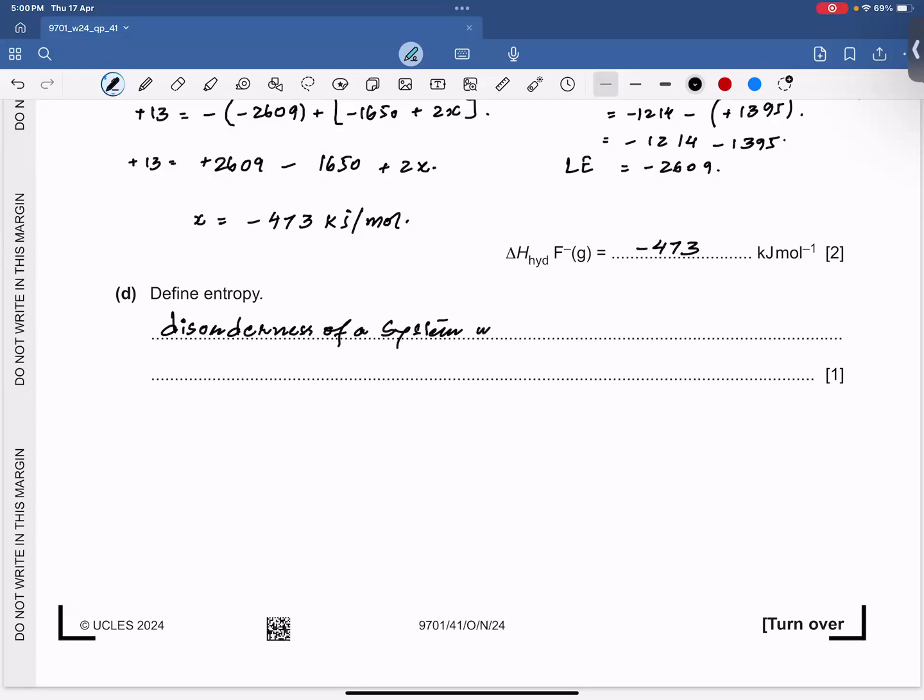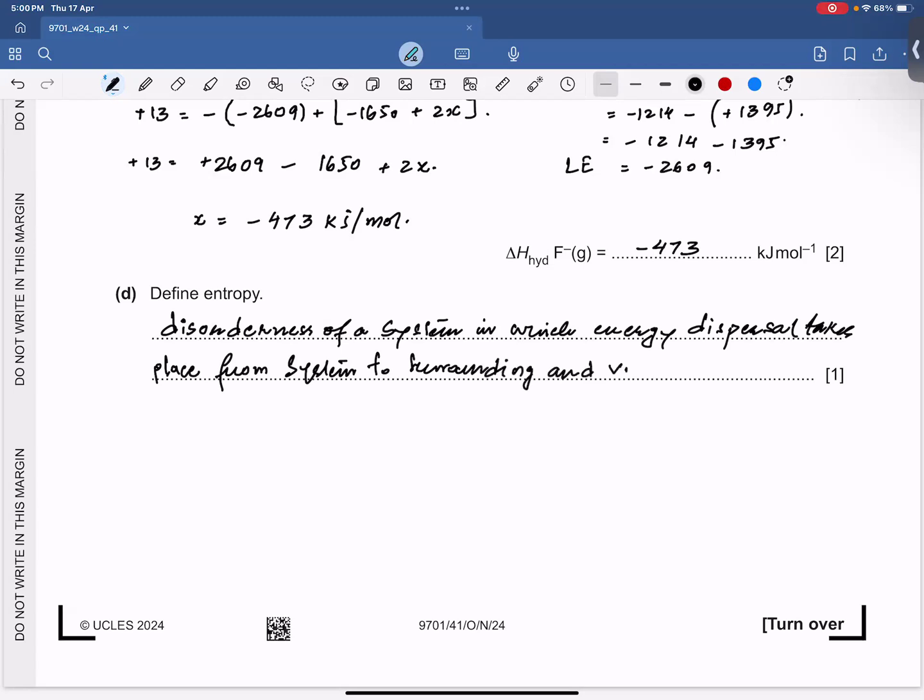Disorderness of a system in which energy dispersal takes place from system to surrounding and vice versa. Okay.